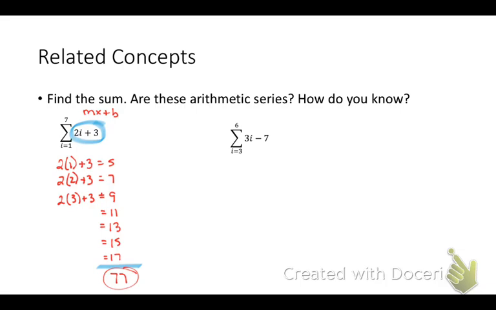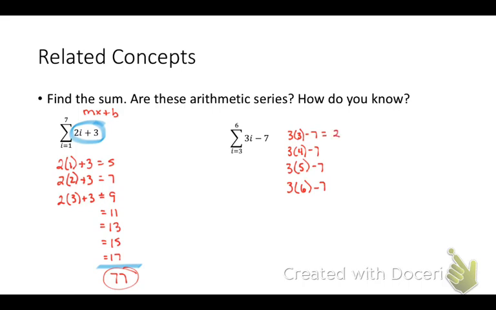Then again, you would do the same thing. So in this case, are we going to start with 1 though whenever we plug it in? On the second one? No, we're going to go with 3 times 3 minus 7, 3 times 4 minus 7, 3 times 5 minus 7, and then 3 times 6 minus 7.